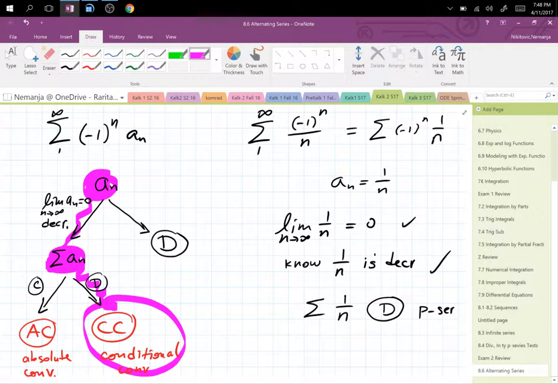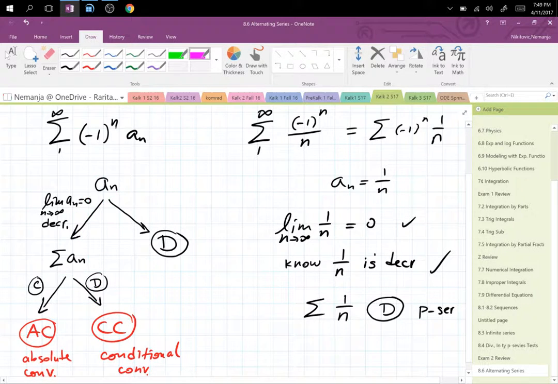You will only look at the a_n piece, test the two conditions, and then you go down one of the two branches, convergence branch or the divergence branch. If you're in divergence, you're done. If any of the two conditions fail, you're done immediately. But if they both pass, you have to check the summation of that a_n, and then that one will either converge or diverge. If you have a convergence followed by convergence, it's absolute convergence. And if you have this convergence branch followed by the diverging series here, you have conditional convergence.